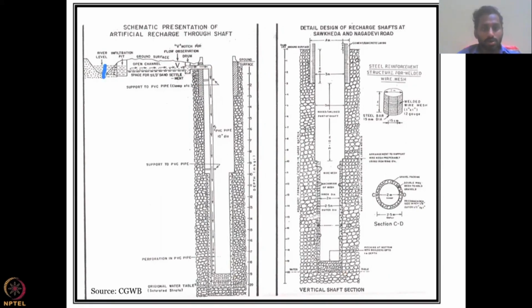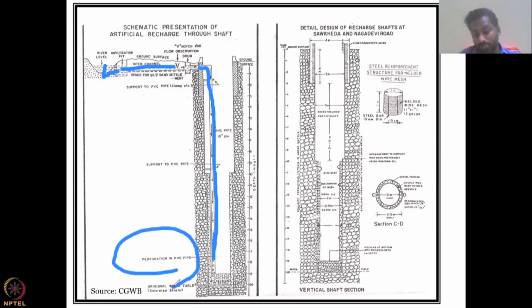So now recharge water is taken or infiltration water is taken. Look at the arrow marks. Then water is put into the tube. There is a connection to make the tube stand vertically. And while it goes down, slowly there is a perforated PVC pipe, which means a pipe with holes. And through the pipe with holes, water recharge happens like this.